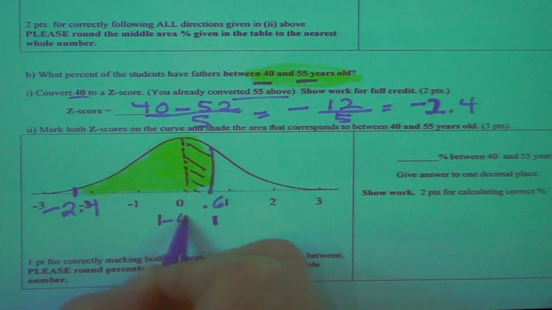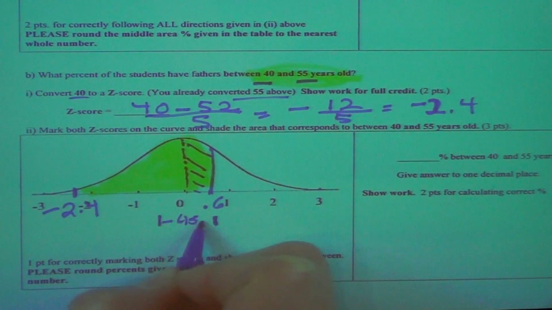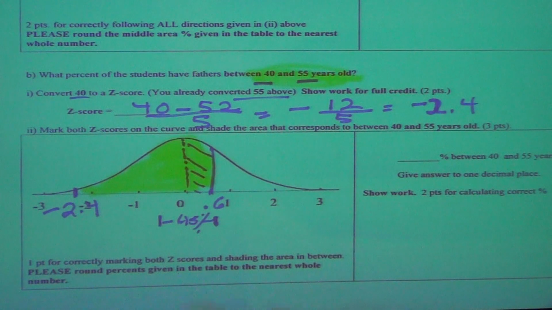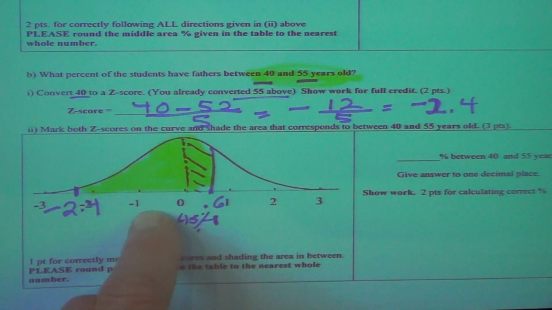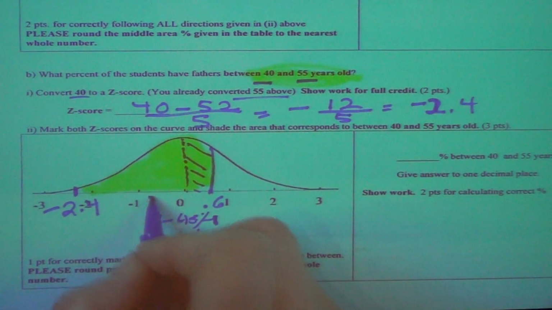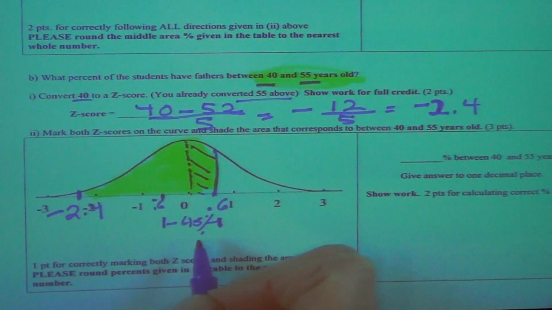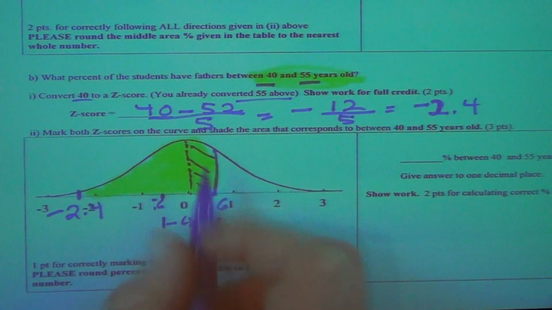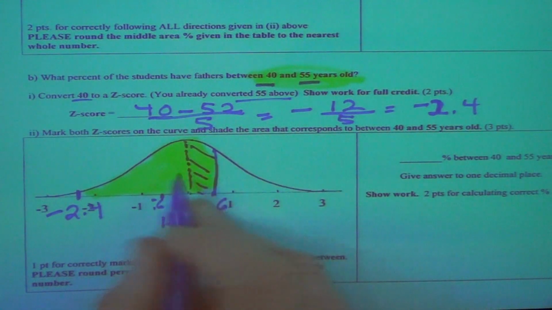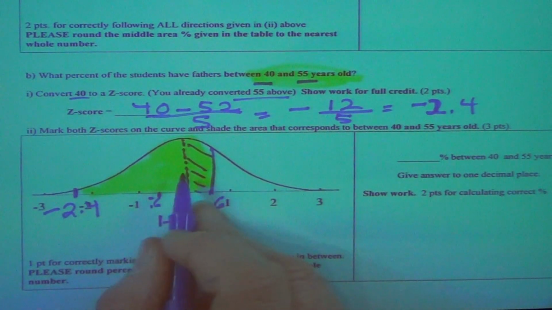We already got that as 45%. Isn't that between 0.6 and negative 0.6? That says 45%. Can you see that? It's 45. Between here is 45%.